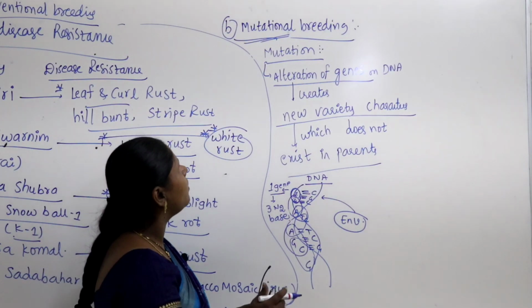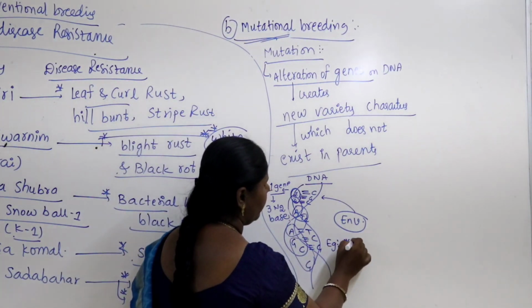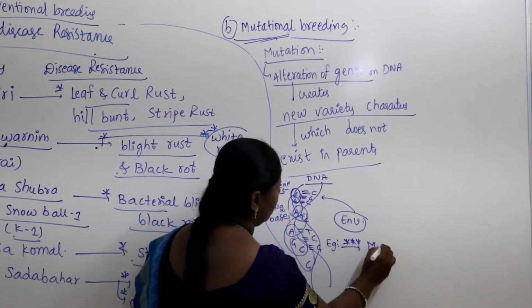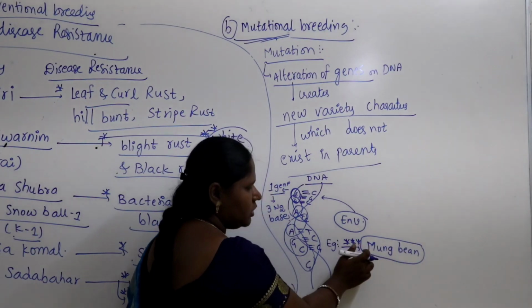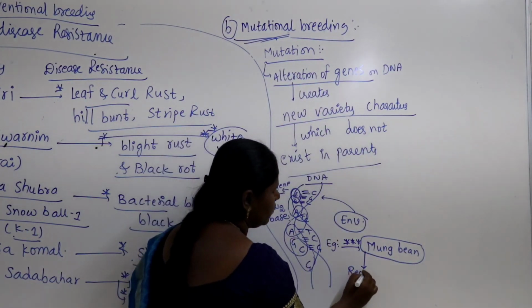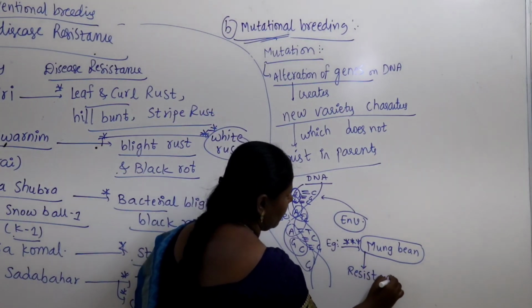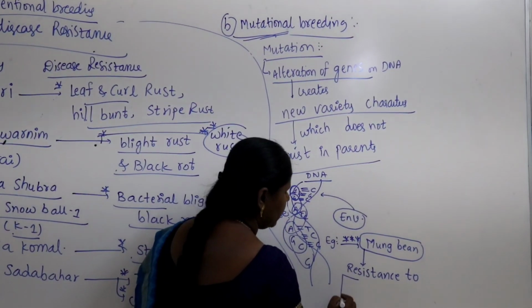So let us talk about examples here. I am just writing the examples, very important examples. Mung bean. So mung bean is a variety. Now they modified the gene by mutation. Now mung bean shows resistance to two important diseases.